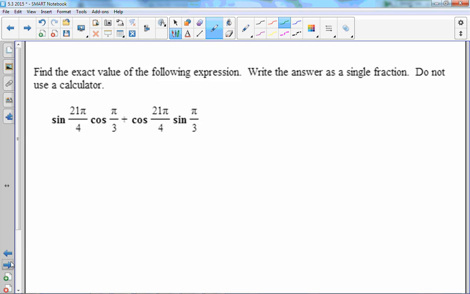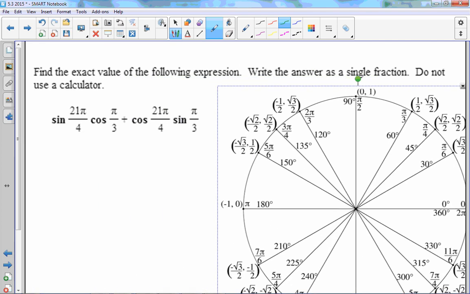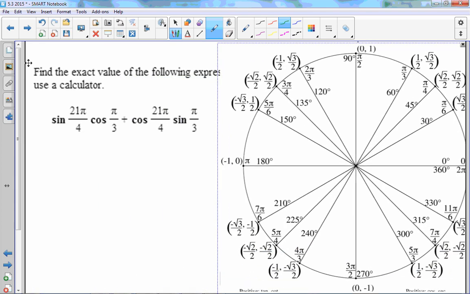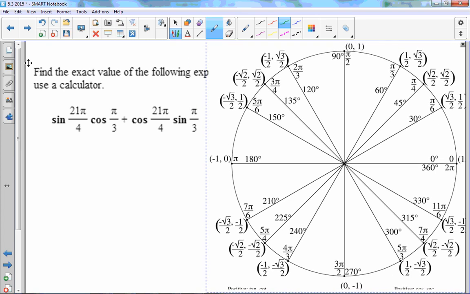All right, let's just try this one. Let me get my unit circle back up here. Now, this says the sine of 21 pi over 4. Now, where's 21 pi over 4? Oh, no, it's not on there. So what do I need to do? It's too big, right? You subtract 2 pi. All right, Bailey, do it for me real quick.